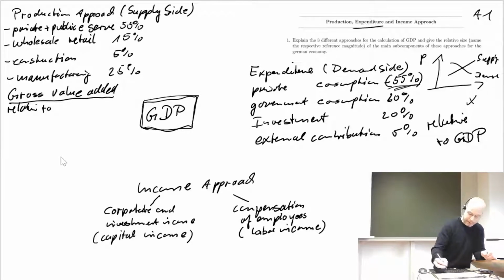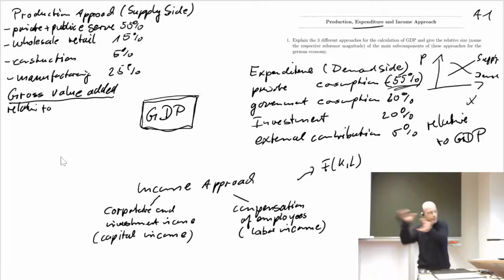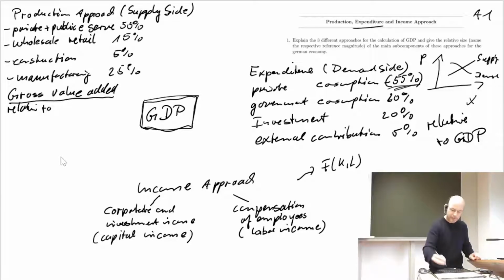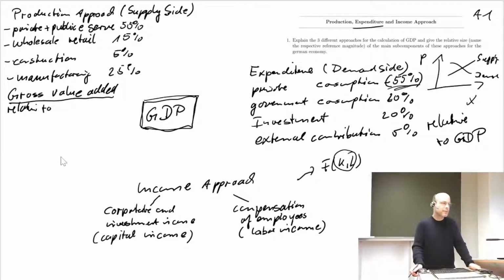So I think you know from other lectures that in general we take production as a function of capital and labor. And so to speak, we look here at these two main input components in production. And there, the relative size of which kind of measure we introduced them.